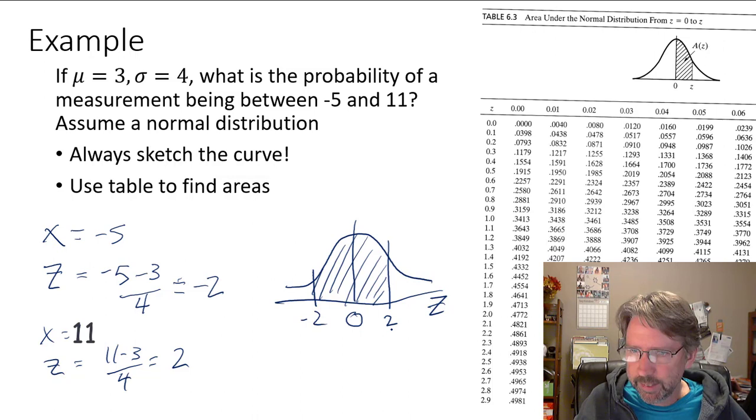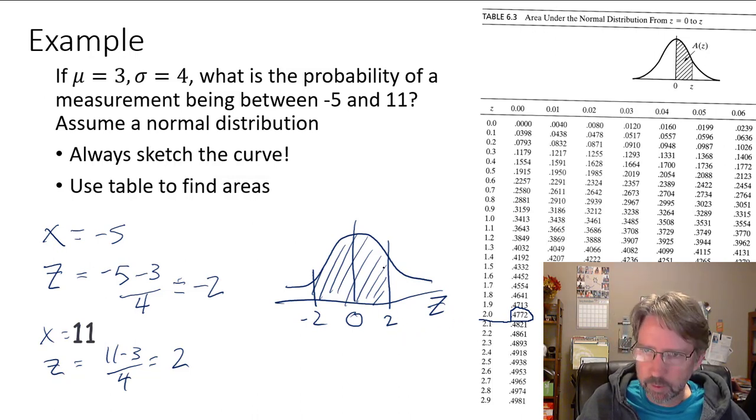So for a z of 2, we go right in here, and we've got the area of 0.4772. So this area, 0.4772, is just this half. Then for z of -2, we don't have negative numbers in our table, so we use the symmetry.